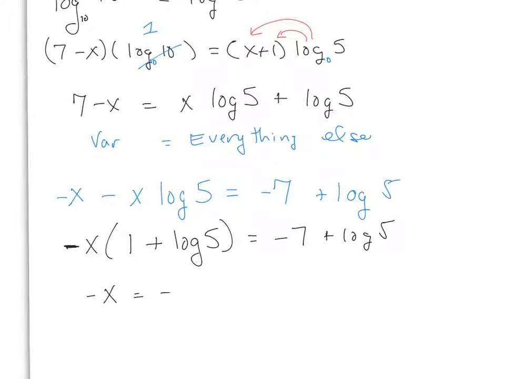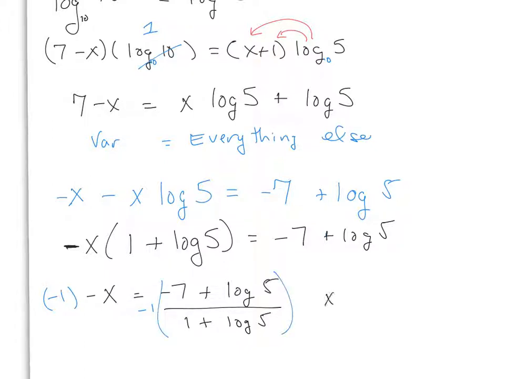To solve for x, I divide both sides. So I have negative x is equal to negative 7 plus log of 5 all over 1 plus my log of 5. But again, that x is negative, so I'm going to multiply both sides by a negative 1.